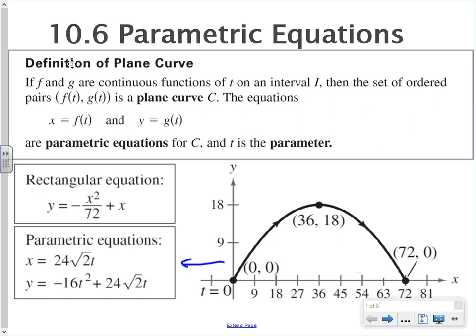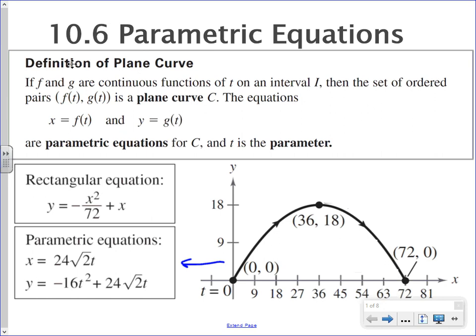Okay, so let's maybe plug in a couple numbers, since that's kind of what a couple of you guys talked about. What happens if we plug in 1 to these? We get 24 radical 2, and then we get -16 plus 24 radical 2.